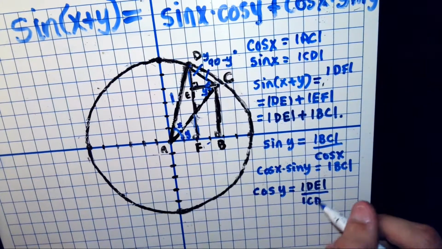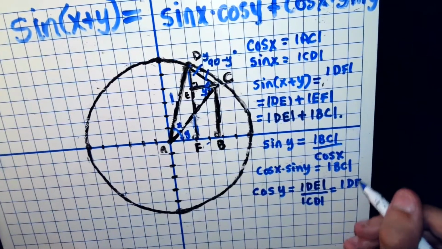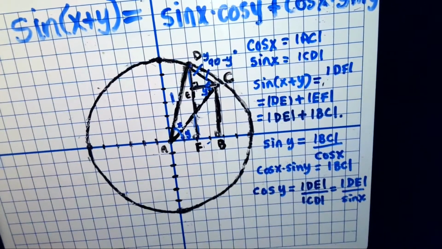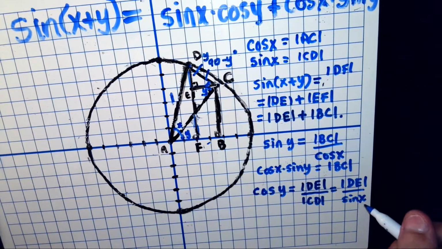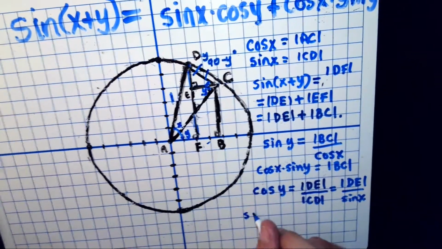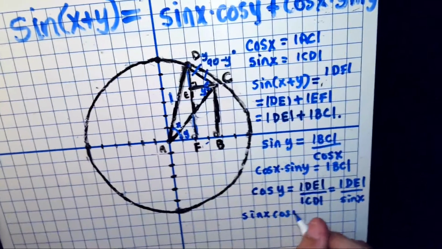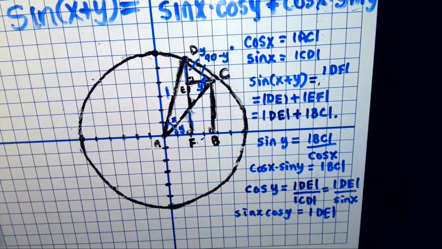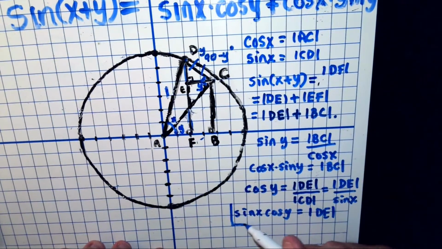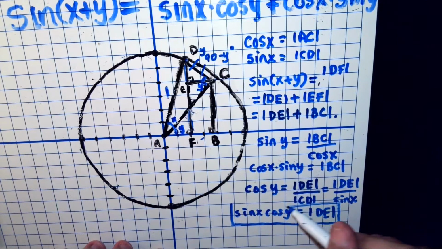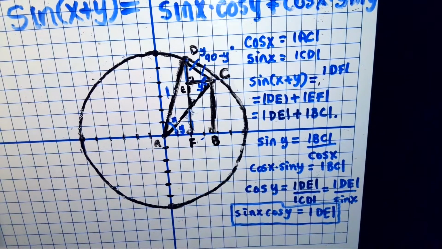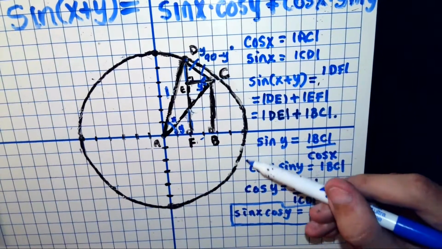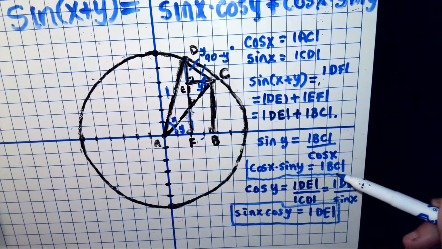But we already know CD is sine x. So we can rearrange this to get sine x cosine y is the length DE. Now we're almost there. We have that sine x cosine y is the length DE, and cosine x sine y is the length BC.